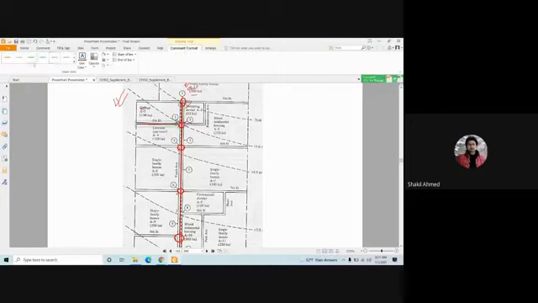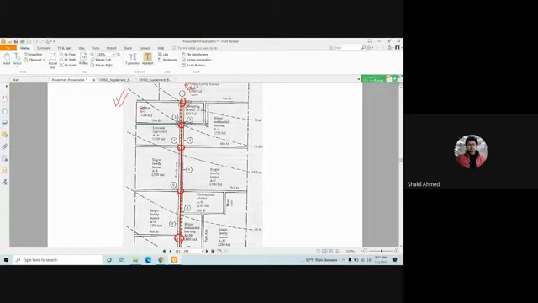Let's make it a different color. Main sewers will come from there to there. These are the main sewers, okay? Right? Yes, sir. This is the trunk sewer, the red one, which we're going to design.